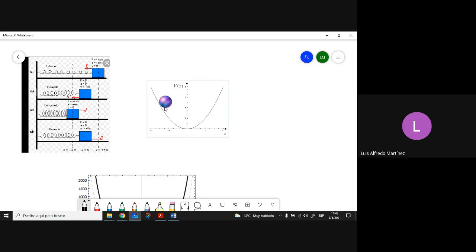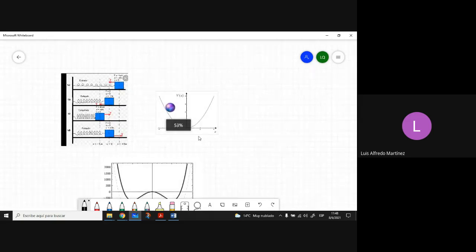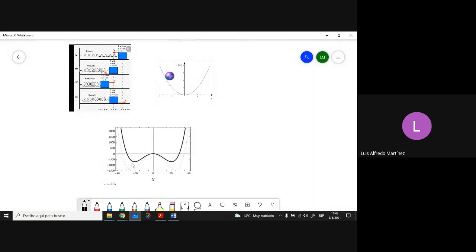Here, this movement is around the origin. Bistability is when the potential has two wells and the particle can oscillate in two different potential wells, here or here.